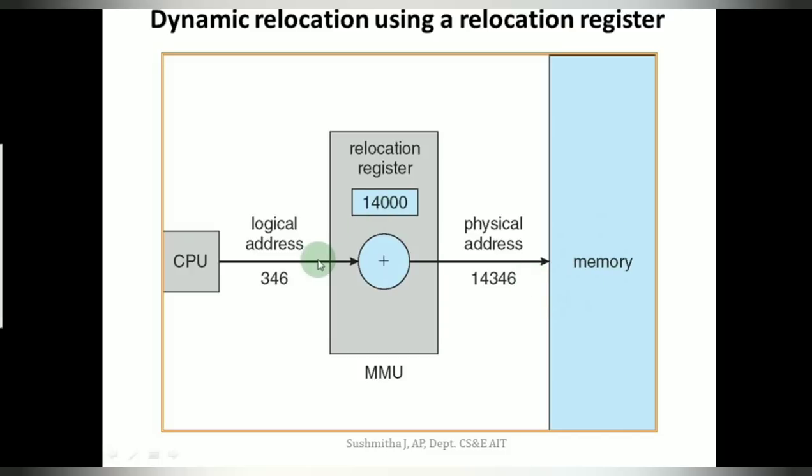But what is the address the CPU generates? It would be 346. This address added with the relocation register derives the actual location of that program, or the actual physical address.